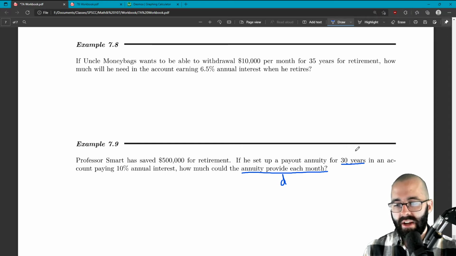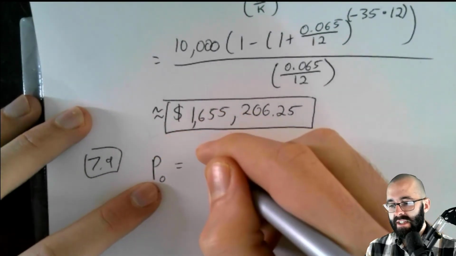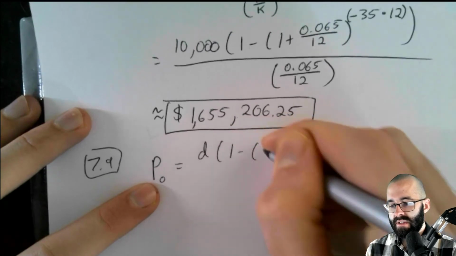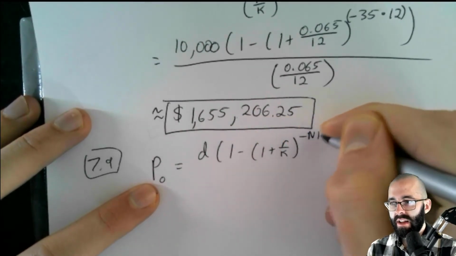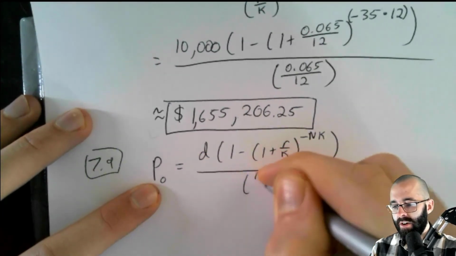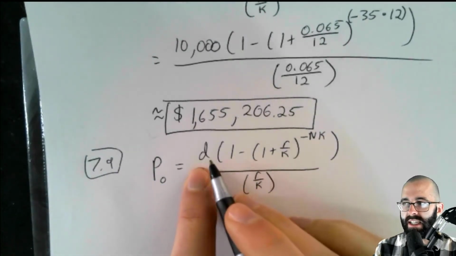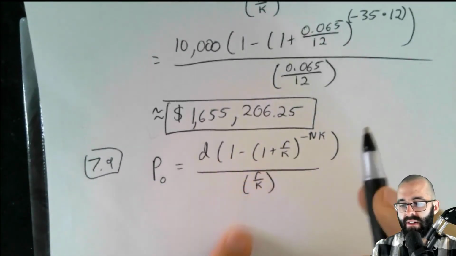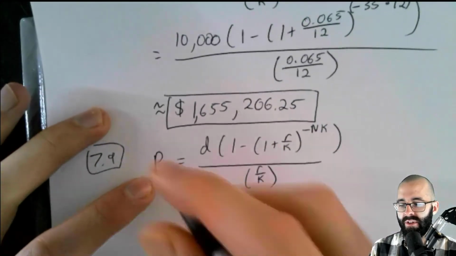So this is what we have right here. Let's write down the formula again. P0 is equal to D times 1 minus 1 plus R over K, because we're withdrawing, to the negative NK, end parentheses, divided by R over K. But now this D is the thing we need to find. And we know everything else. P0, this is the amount that's saved for retirement.